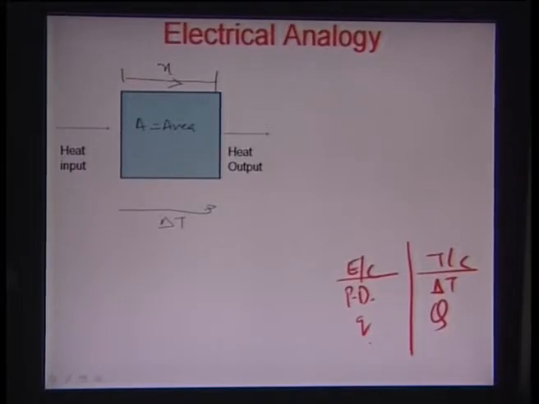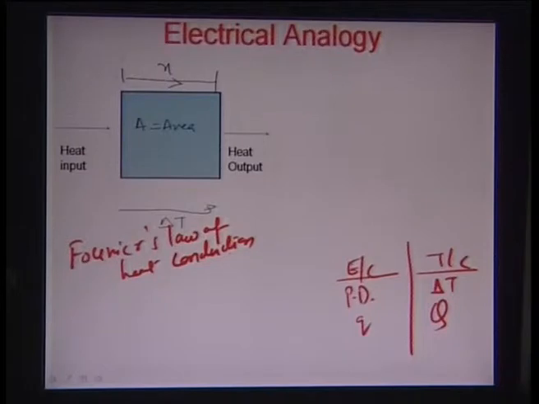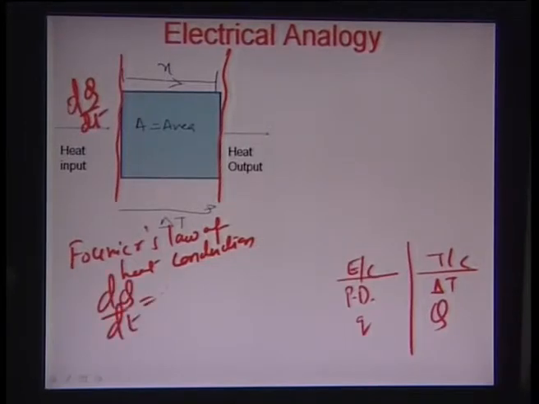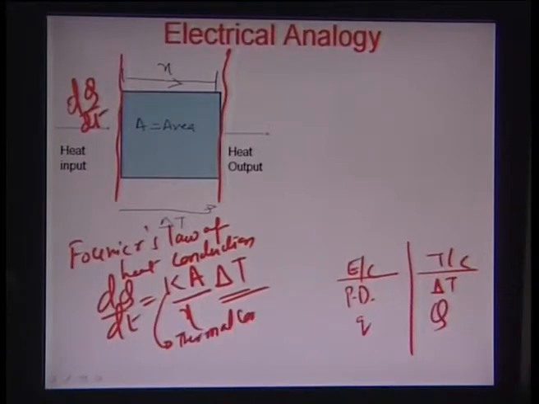So here, by Fourier's law of heat conduction, if we look at the heat transfer between these two faces here and here, dQ by dt, the rate of flow of heat, is essentially represented by K A by x times delta T. The K here is the thermal conductivity of the material.